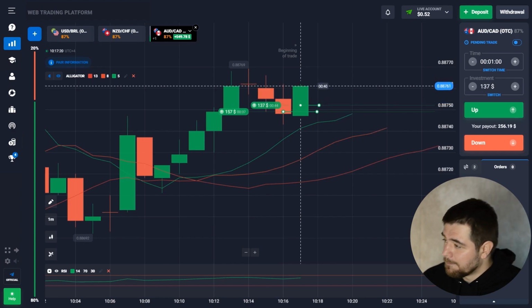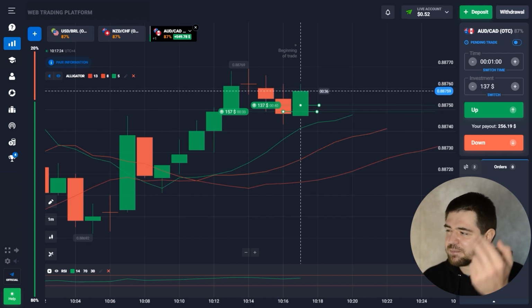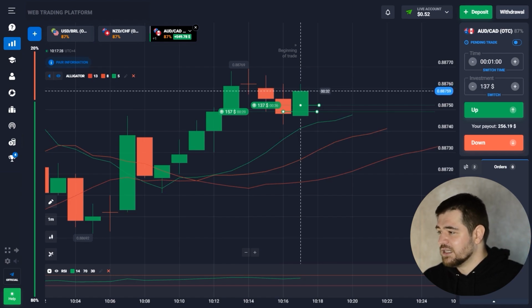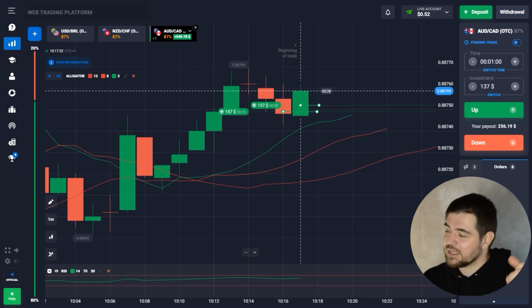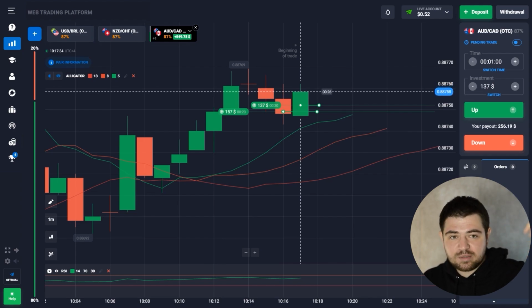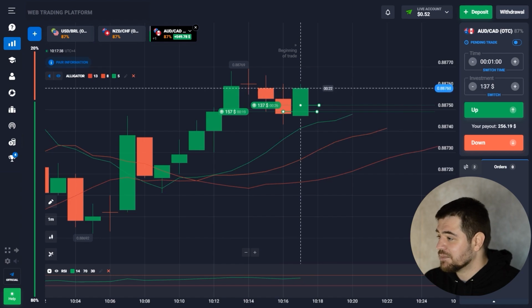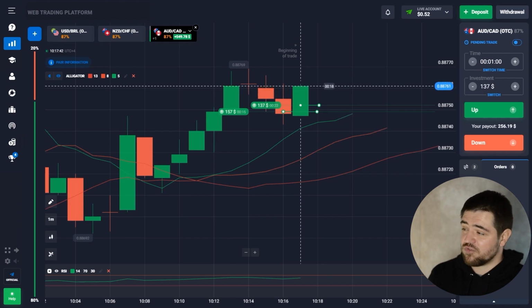So we have kind of a pullback, but then we reach the support level in the form of the alligator line at the top, the green line, and we're gonna bounce off from that. This is what I'm expecting here, and so far so good.